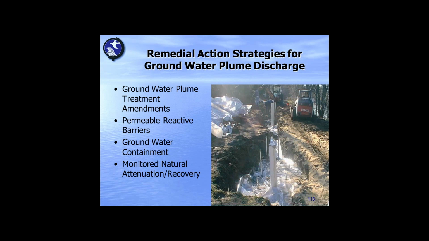With permeable barriers, it's important that the hydraulic conductivity of the barrier is greater than the native aquifer to maximize flow through the barrier as opposed to around it. Monitored natural attenuation and recovery: it's not likely to be your sole remedy, but after the source has been remediated, MNA, MNR, post-remedial monitoring can be performed to evaluate the effectiveness over time.